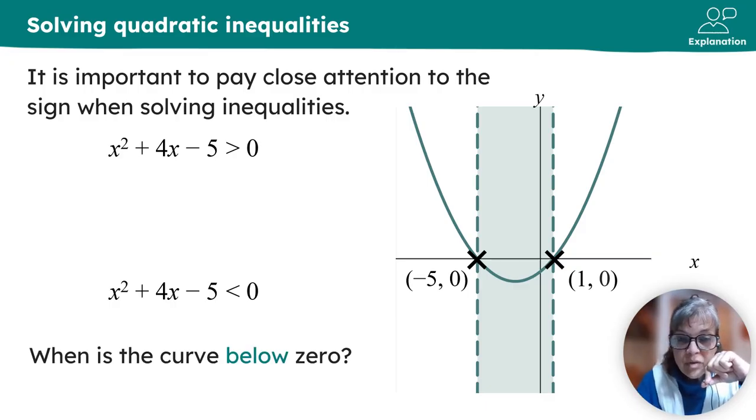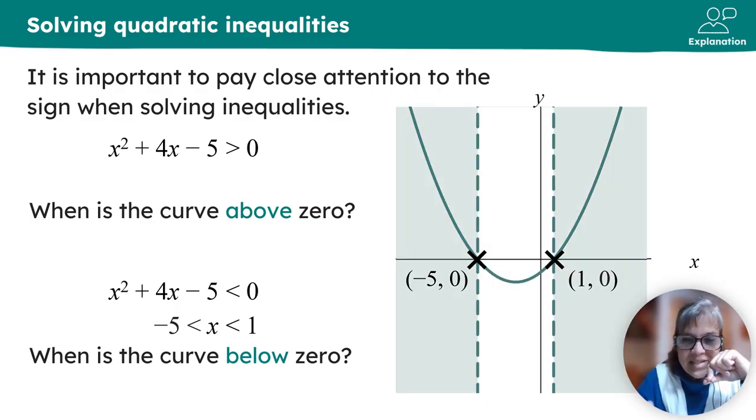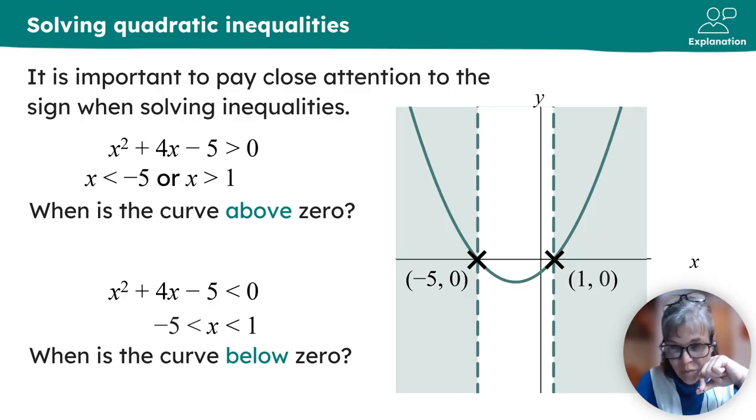I'd still be looking for those same critical values, but I'm looking for when is the curve above 0. So the critical values are the same, -5 and +1, but I'd be looking for when x is less than -5 or when x is greater than +1.